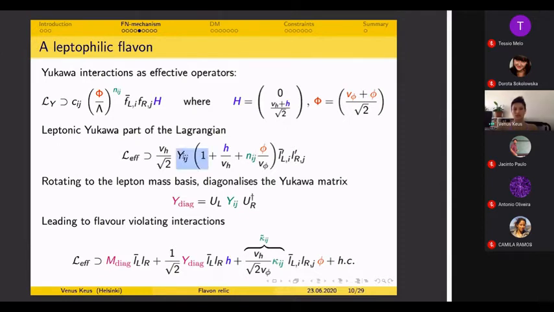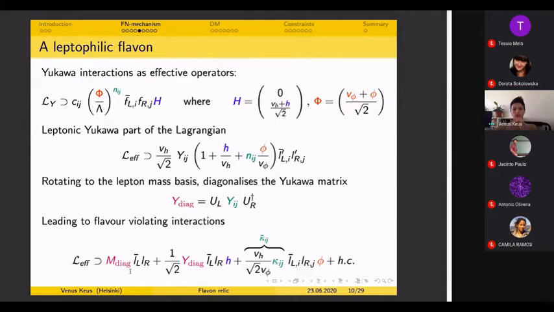And obviously, you can't simultaneously diagonalize Y_ij and Y_ij times N_ij, unless you really fine-tune your model. But in general, what you end up with for the interactions of the flavon and the leptons is some non-diagonal matrix, which I've called kappa_ij, having pulled out this v_H and v_phi and a square root of 2. I basically call this whole thing kappa tilde_ij.